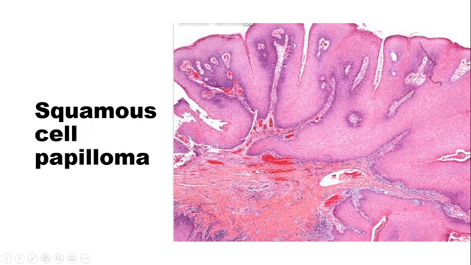Again, papillary or finger-like projections made up of proliferating benign squamous cell epithelium with keratinization, and a central fibrovascular core with intact basement membrane. No invasion of the basement membrane was detected because it is a benign lesion.